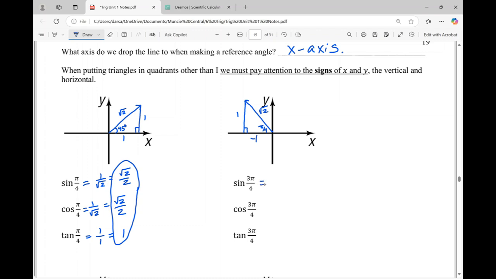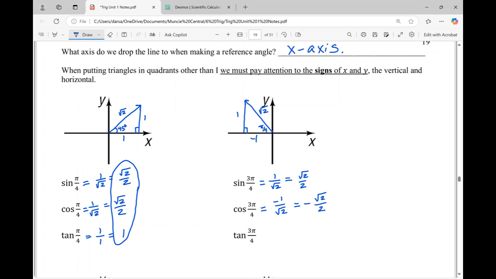How is that going to change things? Well, this is the angle. I have to use this angle, the reference angle, which is by the origin. When I think of sine, opposite over hypotenuse, that's a positive 1 over the square root of 2, or positive square root of 2 over 2 when we rationalize. However, when we do cosine, adjacent over hypotenuse, that adjacent is now a negative 1, which means the cosine of 3 pi over 4 is negative square root of 2 over 2.